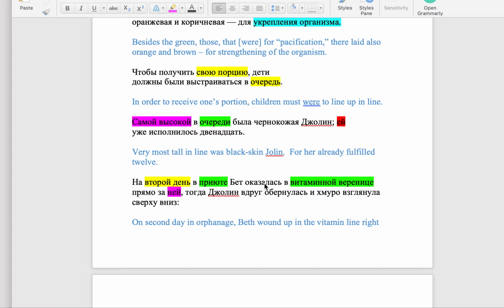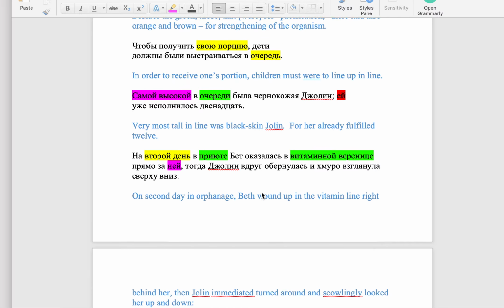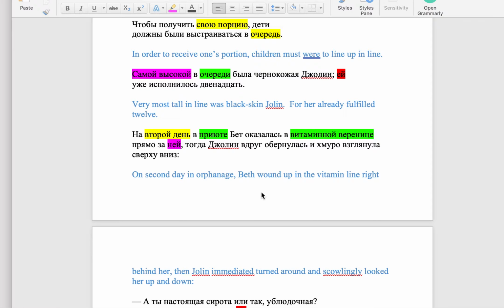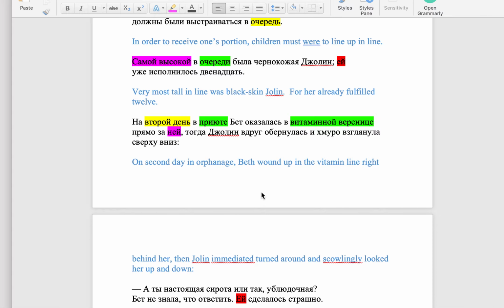So if it were in the prepositional, it would be в очереди, but because it's in the accusative, it's just в очередь, which looks just like the nominative version, but it's actually in the accusative case here, even though you can't necessarily tell by the change in spelling because there is no change in spelling. Okay, самой высокой в очереди была чернокожая Jolene.